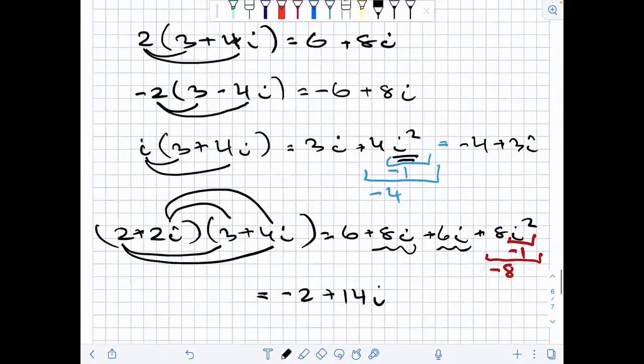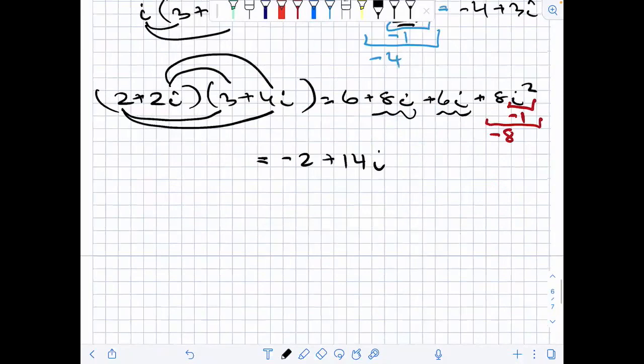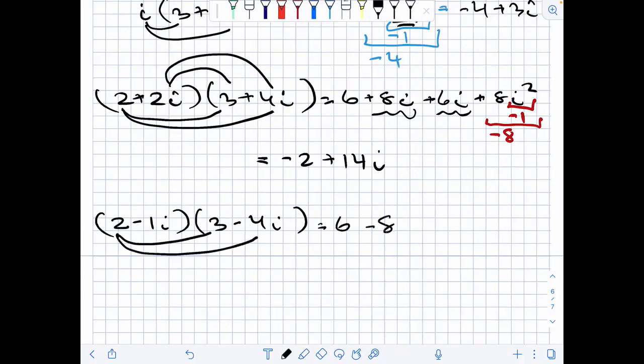Let's look at another example. What if we had 2 minus 1i multiplied by 3 minus 4i? 2 times 3, 6. 2 times minus 4, minus 8i. Minus 1i by 3, minus 3i. And minus 1i by minus 4i.